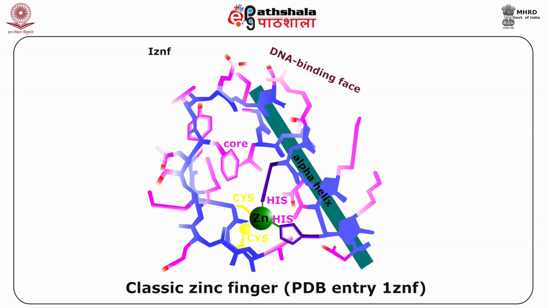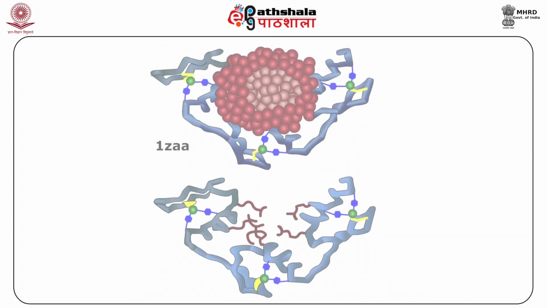Except the 2 cysteines, 2 histidines and the 2 hydrophobic amino acids phenylalanine and leucine, the other amino acids face outwards. The top portion of the figure shows the classic zinc finger bound to DNA with 3 such fingers, and the lower portion the protein without the attached DNA.